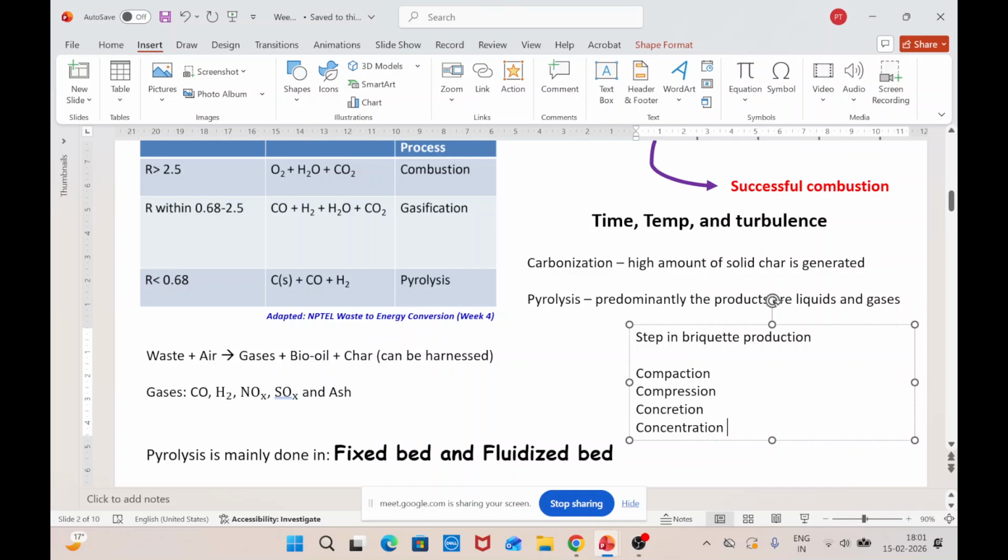It's typically the difference in their dimension. Briquettes are the ones which have a diameter greater than 30 mm, and pellets usually have a diameter less than 30 mm.